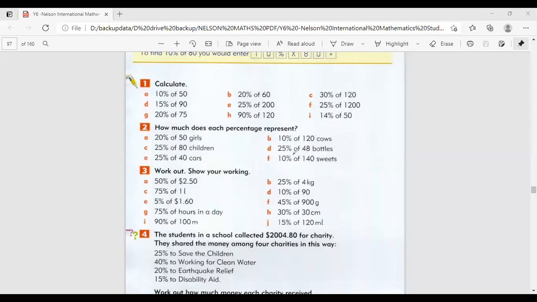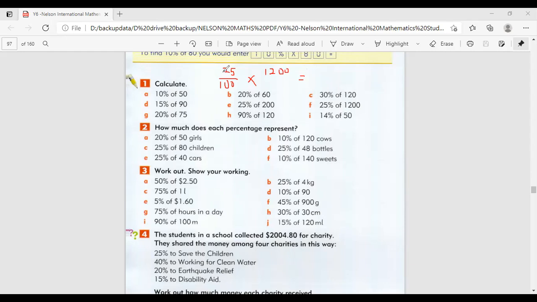Okay, so let's do this one. This is page 97. I think we have answered this already in the class, but let's answer only one. So we can do letter F. So 25 over 100 times 1200.